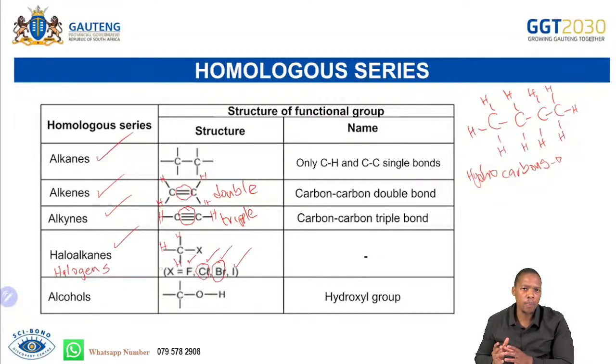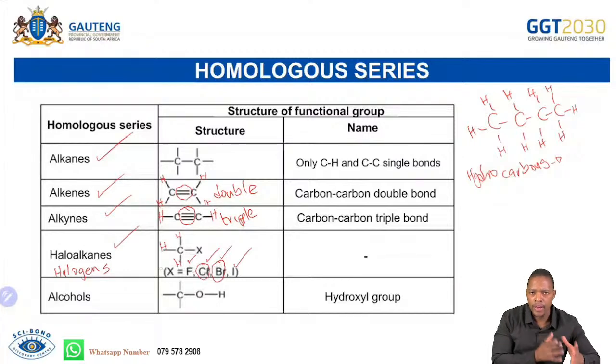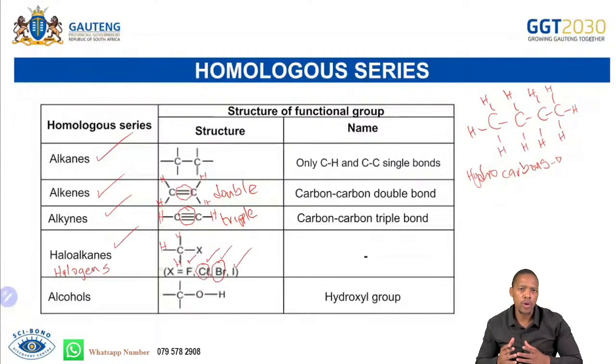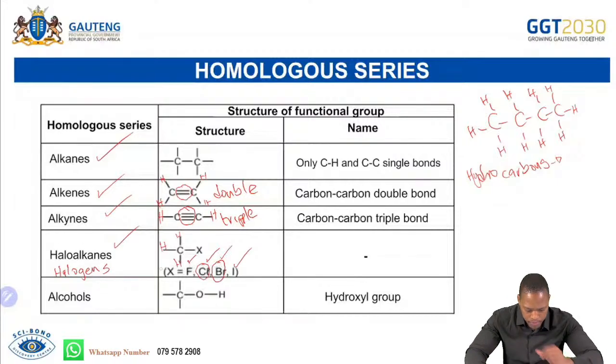So I check this compound, I say this compound has this group of atoms. Well, this group of atoms tells me that this compound belongs to this homologous series. So if I am looking for a compound that belongs to haloalkane, the atom I will be looking for is one of the halogens. At least one. It could be more than one.